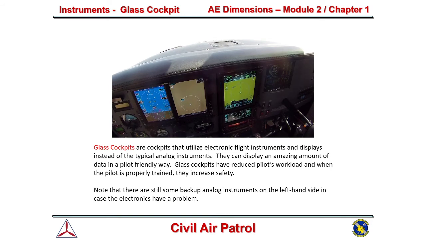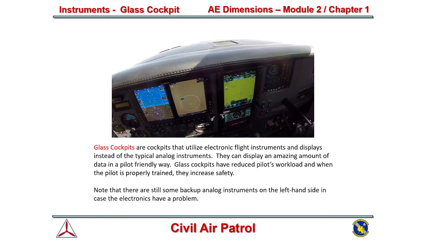If you are flying visual flight rules, probably not a big deal. You could look outside. But if you were in the clouds and that glass cockpit went dark on you, or it started telling you things that weren't real, that would probably be a bad day. You wouldn't have any reference to see what's really happening with the aircraft. And so they provide those extra instruments as backup.